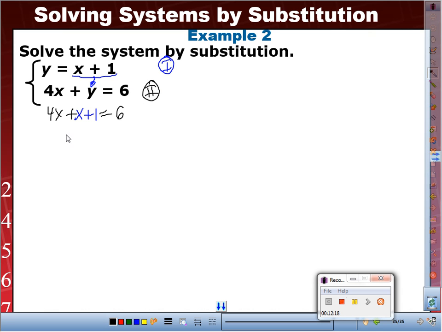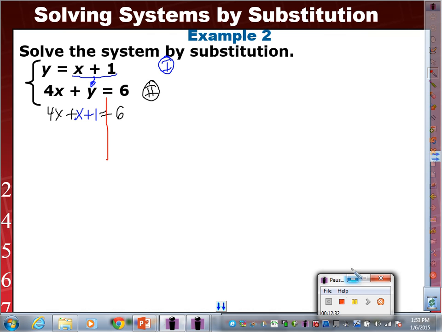Step 3, solve for the remaining variable. Do you know how to do that? How can we solve for the remaining variable? What is the remaining variable? x. So finish it up, please. 4x, I just brought this one down.